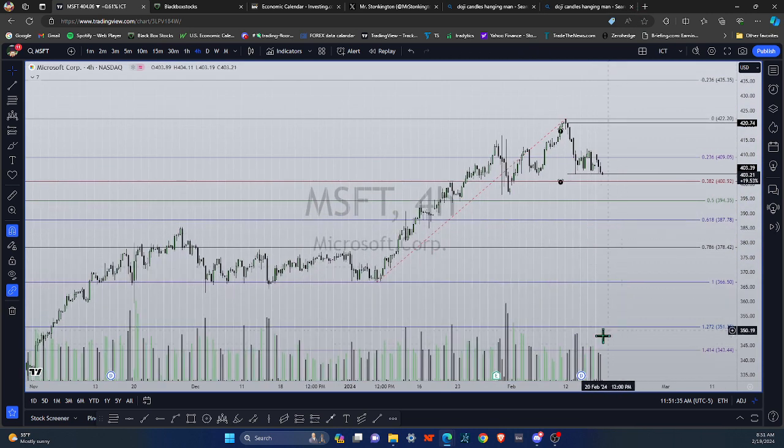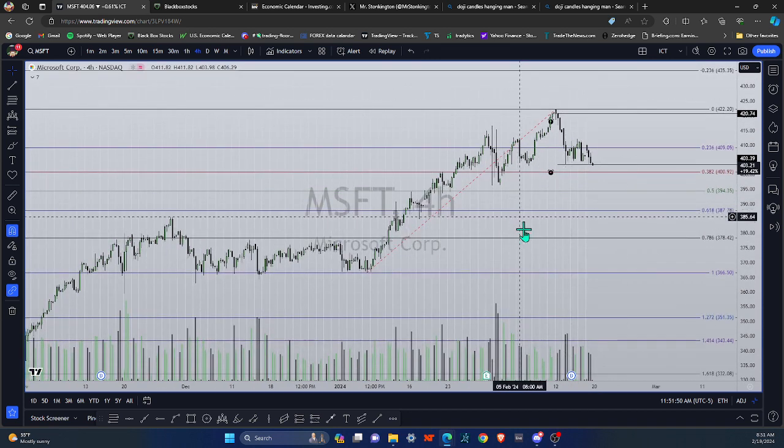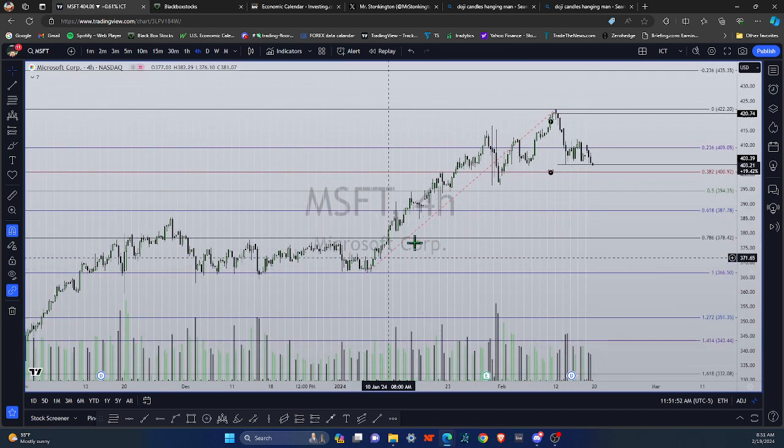If you were a bull looking for when would be your pullback to add, you're looking at possibly the 618 retracement, 786, which is all the way, that'd be a 20 plus point down move before any algos that were buying in here would be thinking, okay, I got my retracement, I can look to add. So that's the mindset on Microsoft.